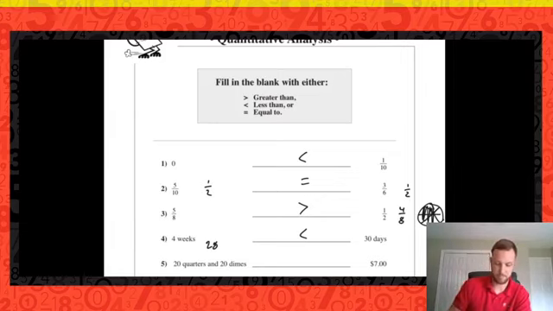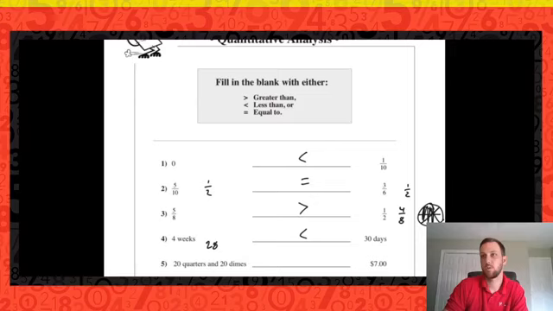Number 5, 20 quarters and 20 dimes compared to $7. A quarter is 25 cents. So 20 quarters is how much money?